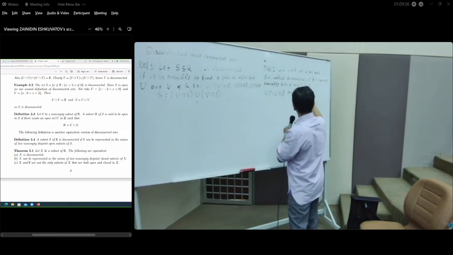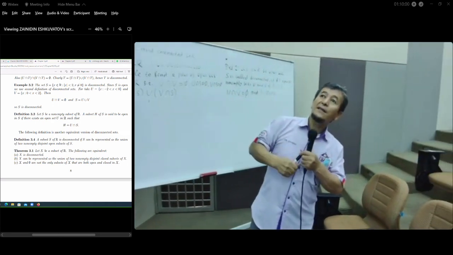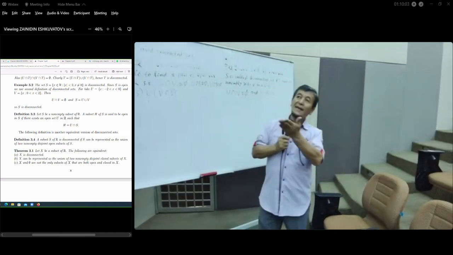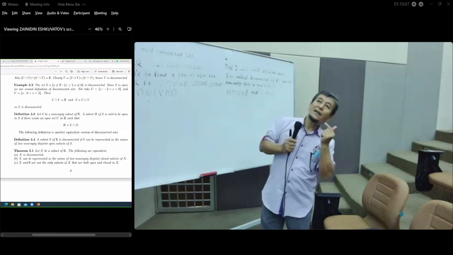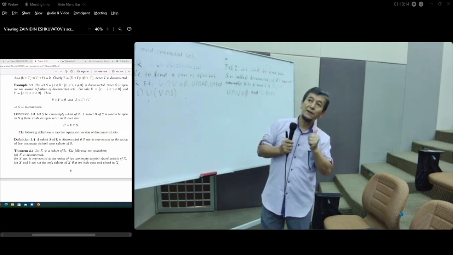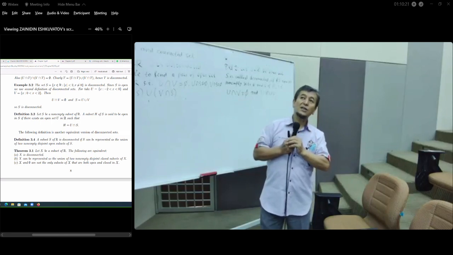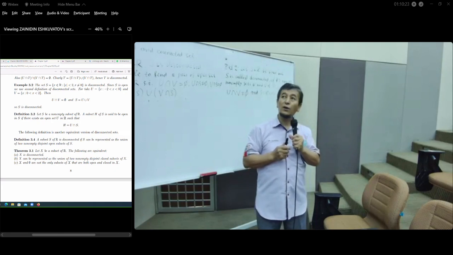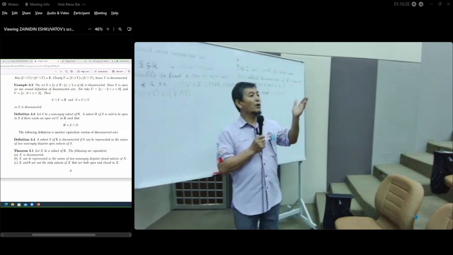This union should be equal to S. Next definition, look again. The definition says that S is a non-empty subset of R. A subset H of S is said to be open in S if there exists an open set U in R such that H can be written as the intersection of U and S. This is another type of open set.